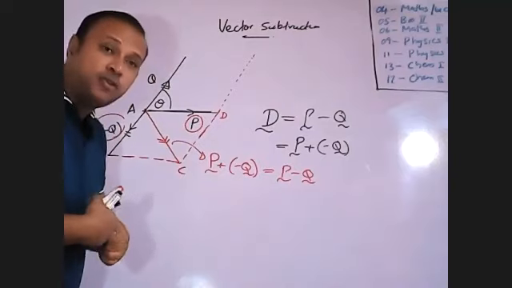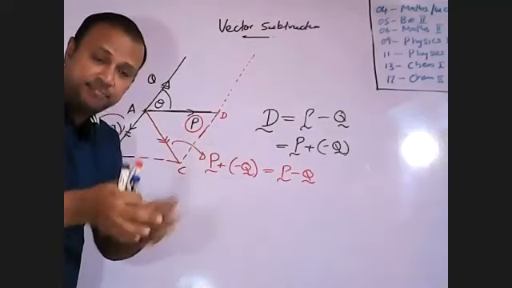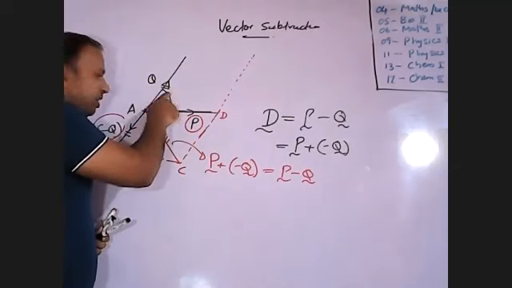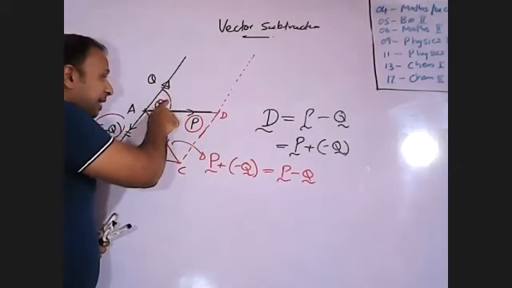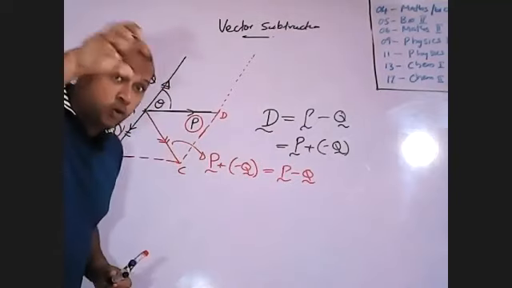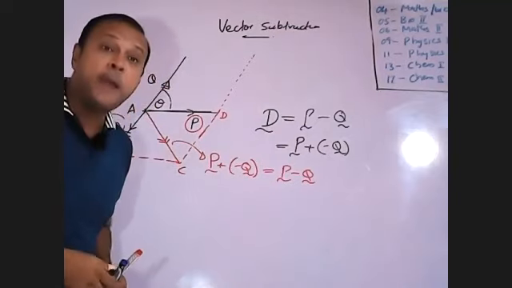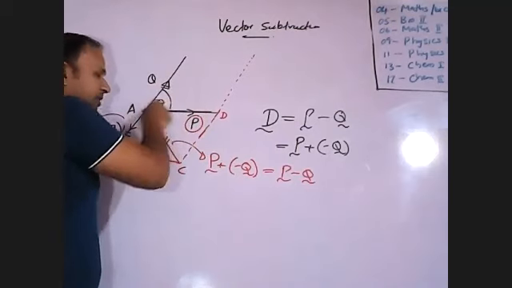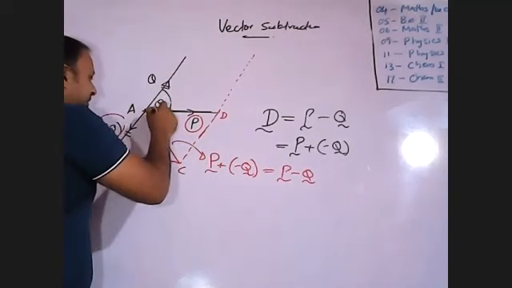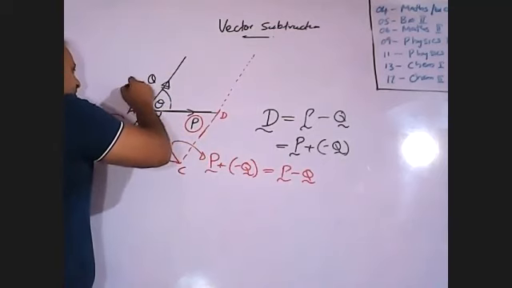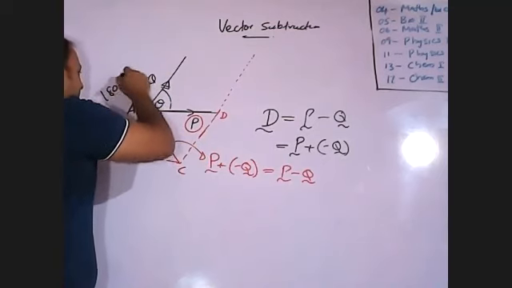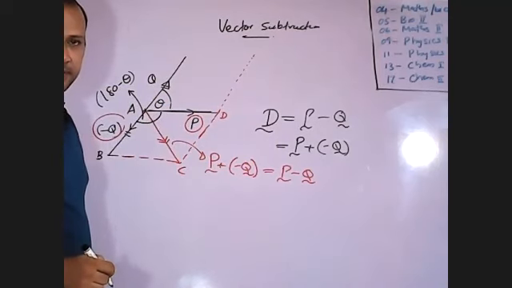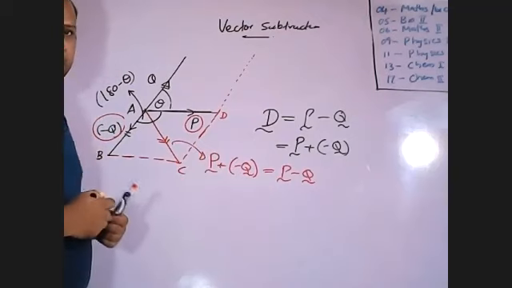If theta is the angle between P and Q, definitely this angle is equal to 180 minus theta. Okay, all right.